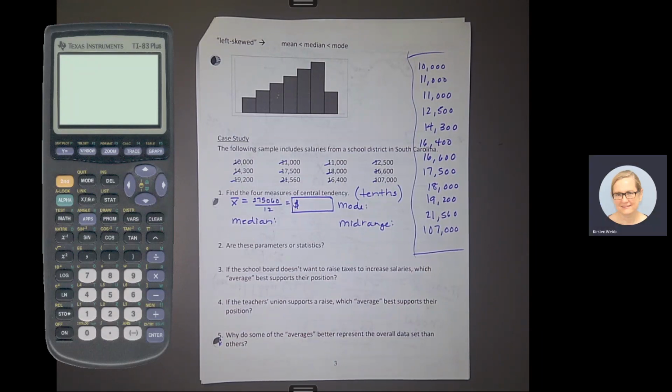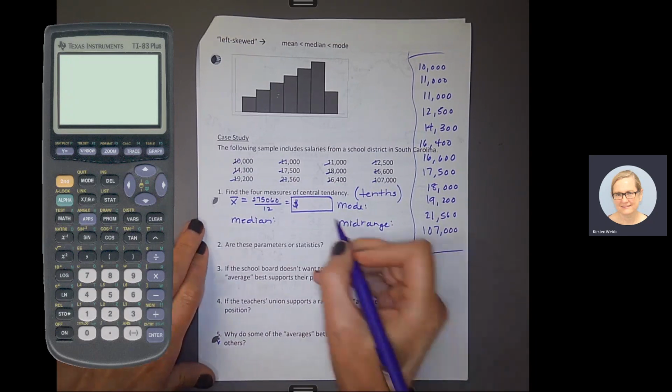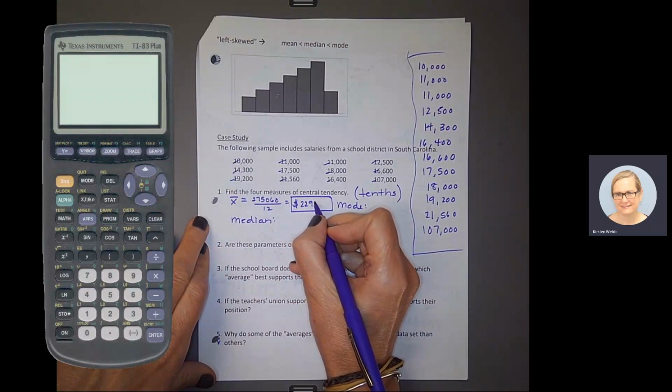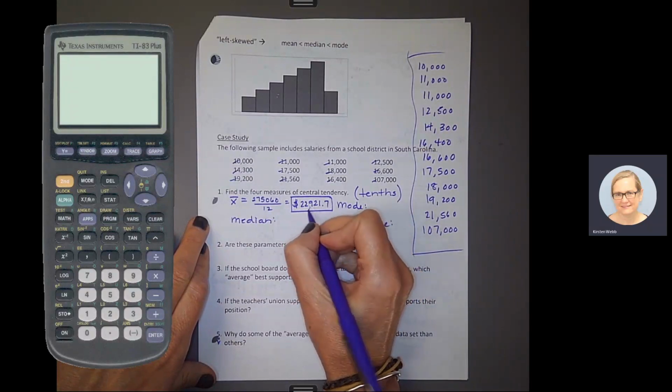Oh, are we liking the looks of the mean on the board? 22,921.7. That comes from adding everything together and dividing by 12. 22,921.7.